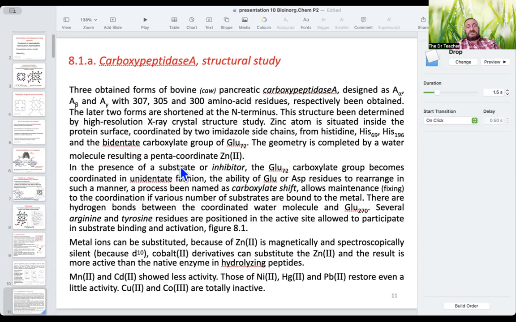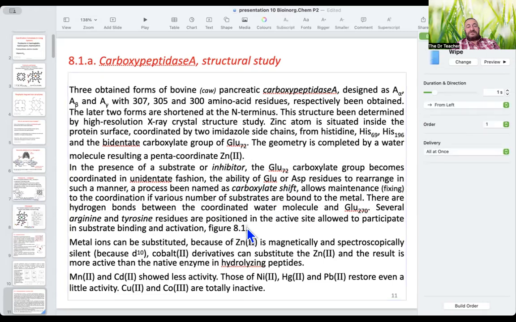In the presence of the substrate or inhibitor, the glutamic 72 carboxylate group becomes coordinated in a unidentate fashion. And this is talking about the structure and how everything is bonded. It's in the figure.